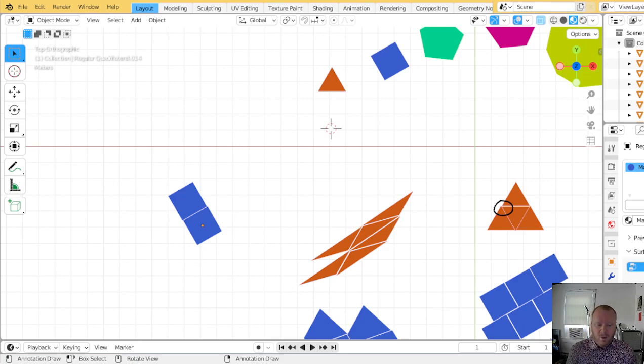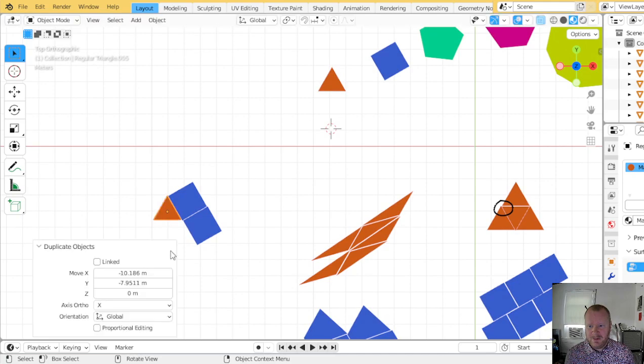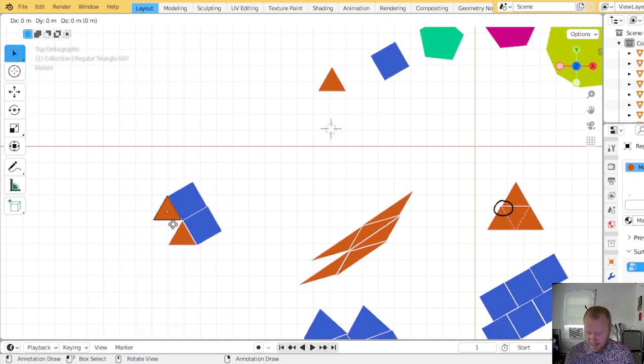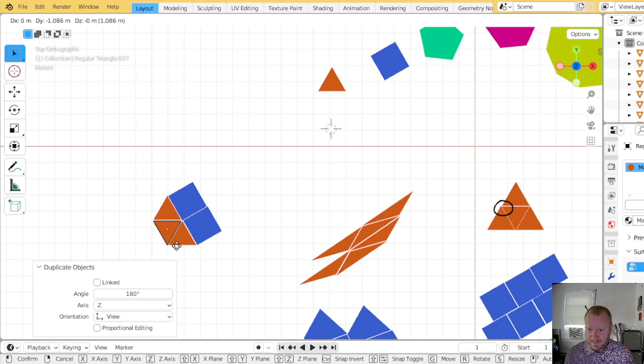So one semi-regular tiling, so again, that's a tiling that uses more than one regular polygon, would be this one here. This one's made up of two squares and three triangles.